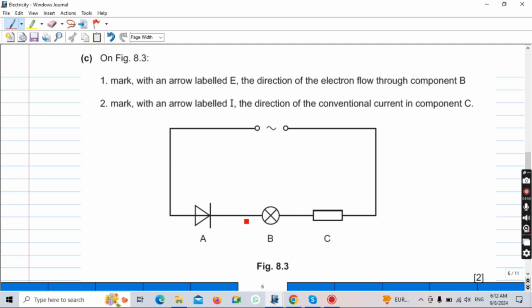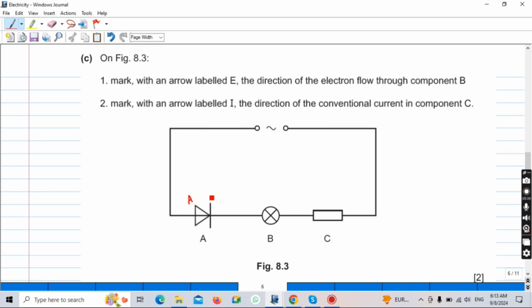Either the current is passing through this direction, or the other way, coming from the other side, because this is an AC source that produces current in both directions. But you have a very special component, which is the diode here. And you know that the diode allows current to pass only in one direction. And that direction should definitely be in this way.